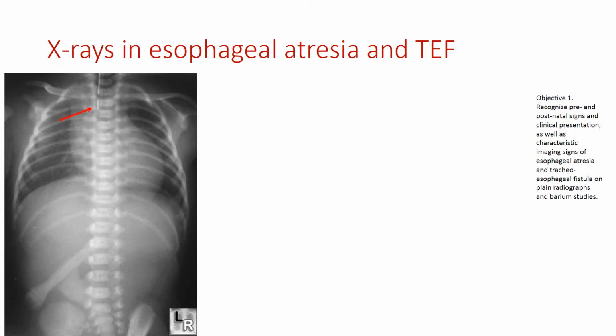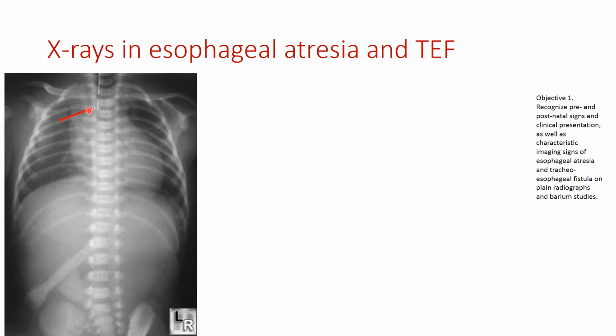Okay, so how do we diagnose these? Well, if the patient has an esophageal atresia, if we attempt to put down an NG tube, a nasogastric tube, it's not going to go into the stomach because you have that blind ending pouch. And so we put this nasogastric tube in, and it only comes down to, in this case, the proximal thoracic esophagus.